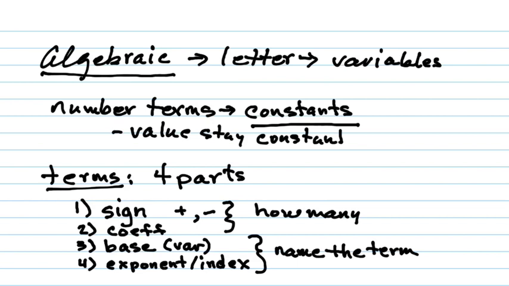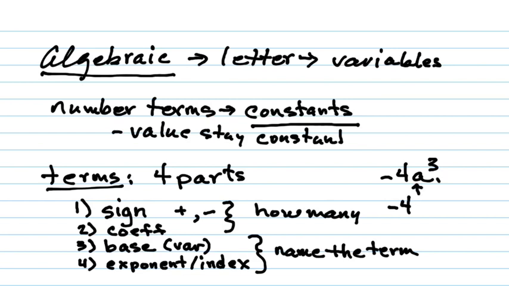Yes? Can you just explain coefficient? Coefficient, that just means the number. So, for example, here's an example of an algebraic term. What's its sign? Minus. And the coefficient? 4. So we would normally just say the coefficient is a minus 4. Okay. What's the base?